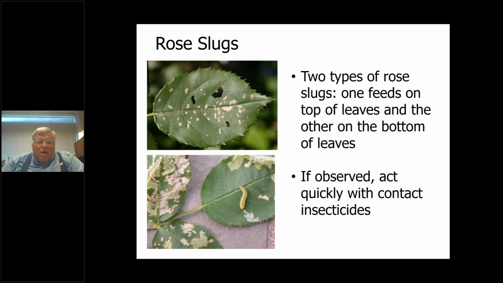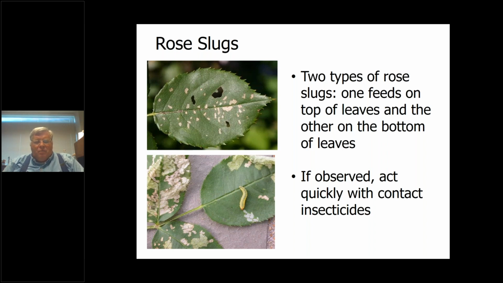Another insect that we have problems with is rose slugs, also known as sawflies, because they are maggots of a sawfly. There's one species that feeds on the top. It will feed some on the bottom, and there's another species that just tends to feed on the bottom. The ones that feed on the bottom don't tend to get as big as the ones that feed on the top.